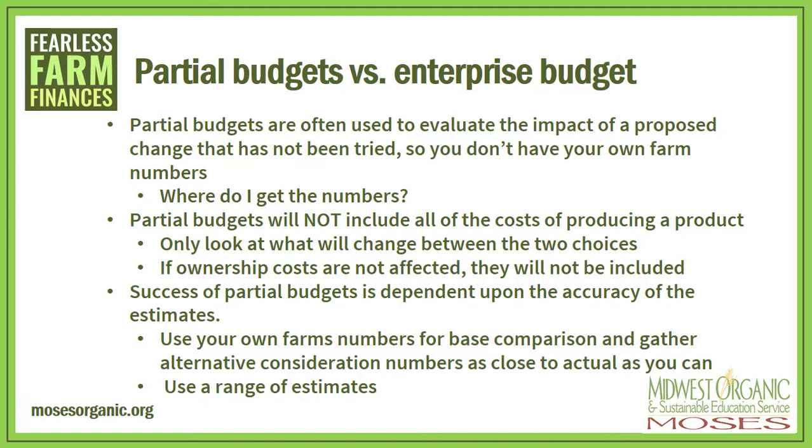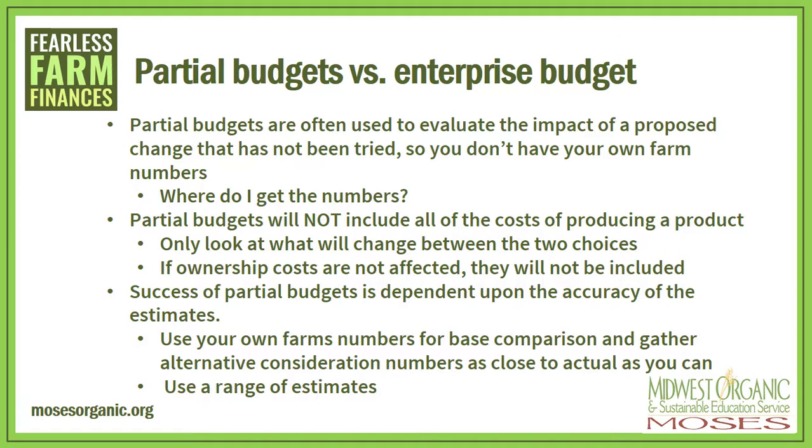Similar to enterprise budgets, do you have a neighboring farm that has already done it that could share maybe some of their numbers? Going to extension publications, research publications, other financial experts might also be able to point you in the direction to get you some numbers, especially for partial budgets.